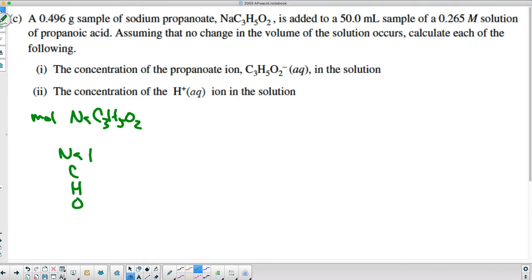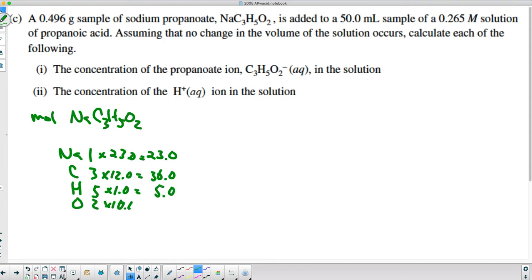You guys know this: that's going to be a 1, a 3, a 5, and a 2 times 23.0, times 12.0, times 1.0, times 16.0.